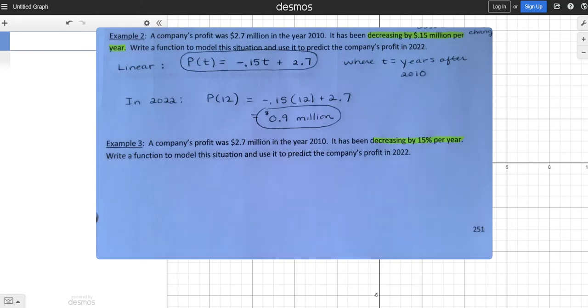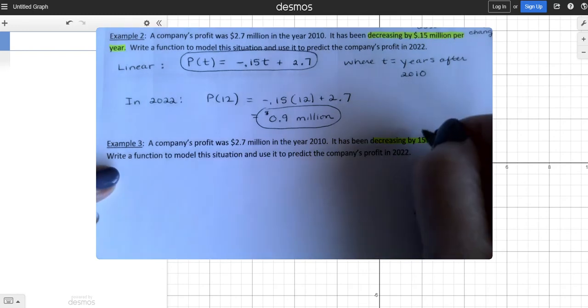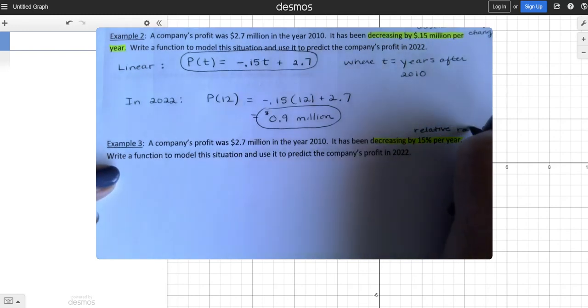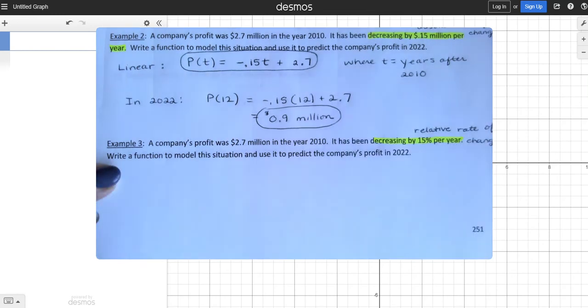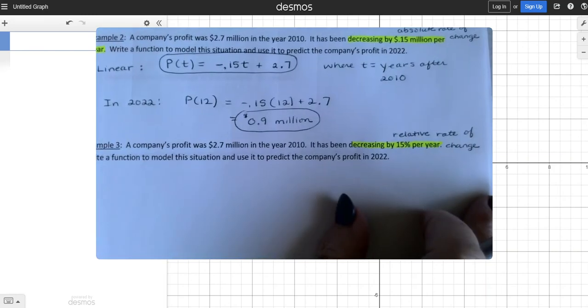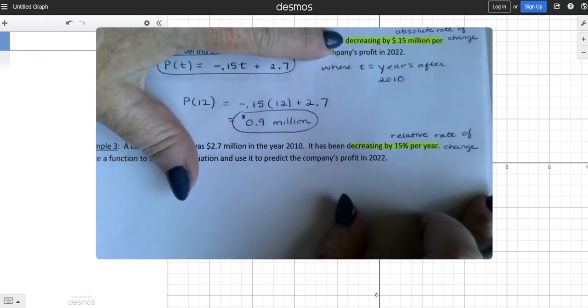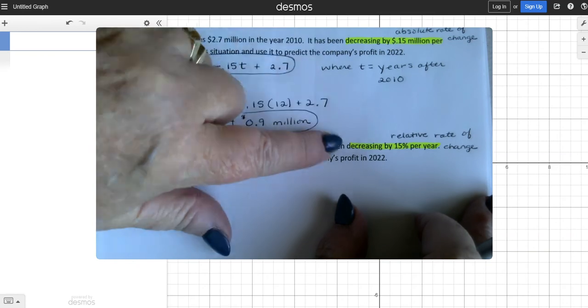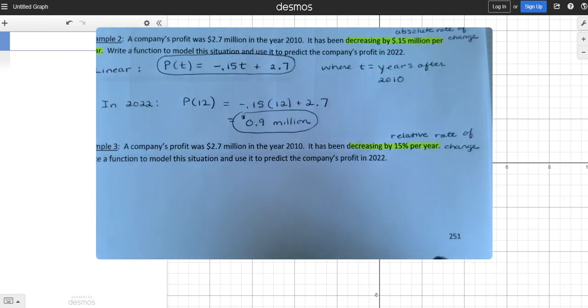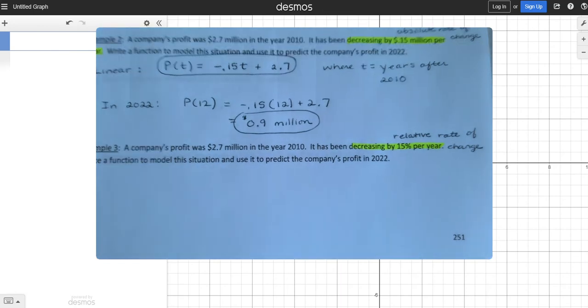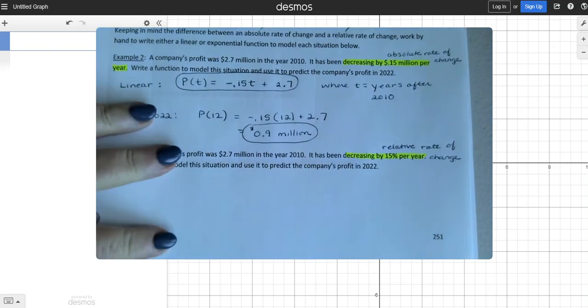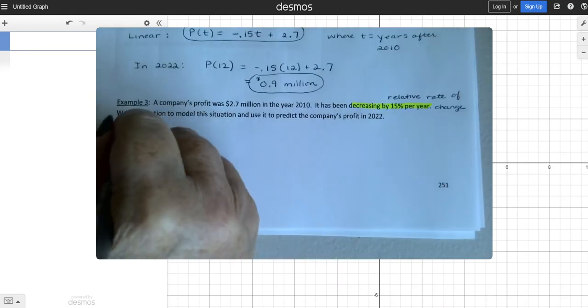Notice that as soon as we have a percent increase or decrease, we're now talking about a relative rate of change. The absolute rate of change tells you the exact amount it's increasing or decreasing. The relative rate of change describes the percent increase or decrease. So since we have a relative rate of change, we know we want an exponential function.